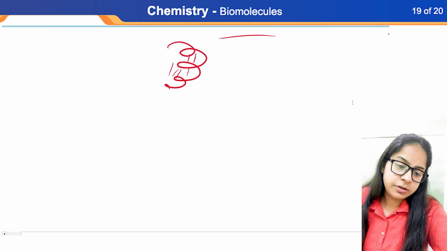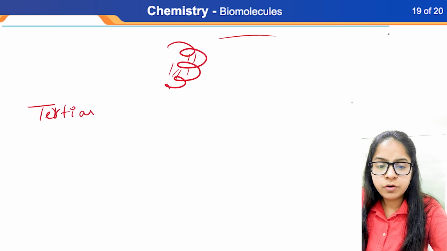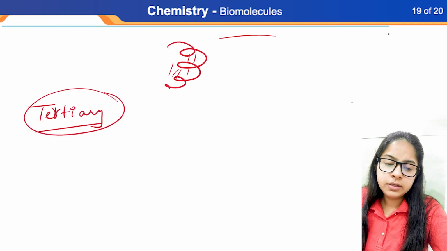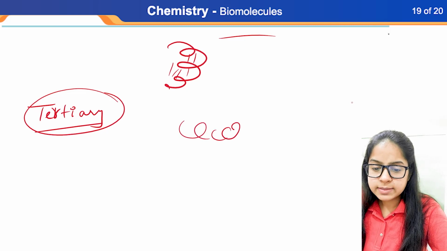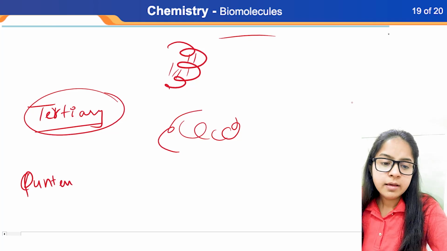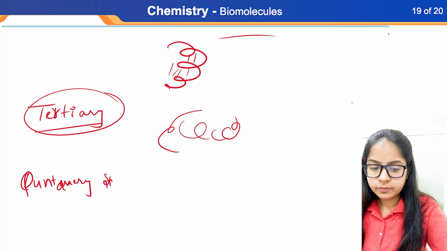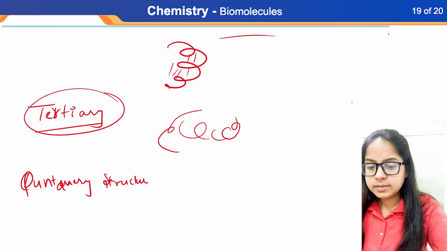After that, the tertiary: if the interactions increase, like van der Waals forces and hydrophobic interactions, the tertiary is more complex than the secondary one. Then the quaternary structure: more tertiary structures combined together to form the quaternary structure.